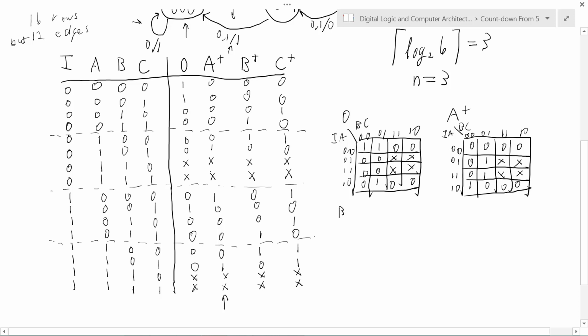Let's look at the next value for B, which is B plus. I, A, B, C. The reason we're not optimizing these k-maps individually is that sometimes, if we can get a group that is shared across both k-maps, it is possible to save even more gates.